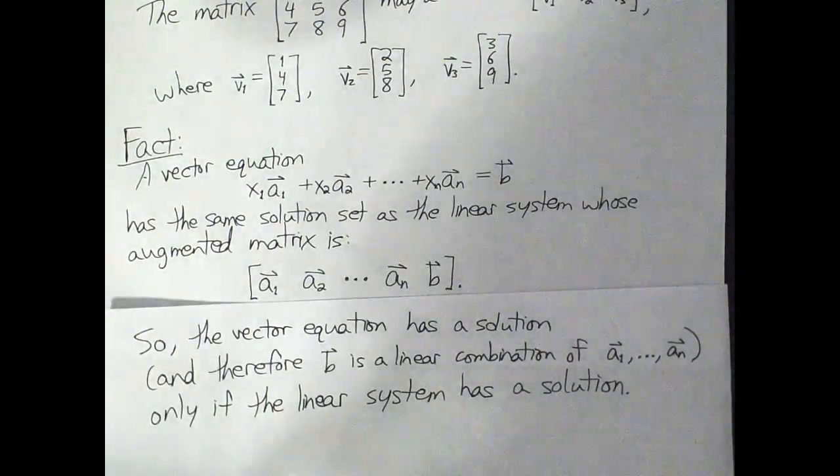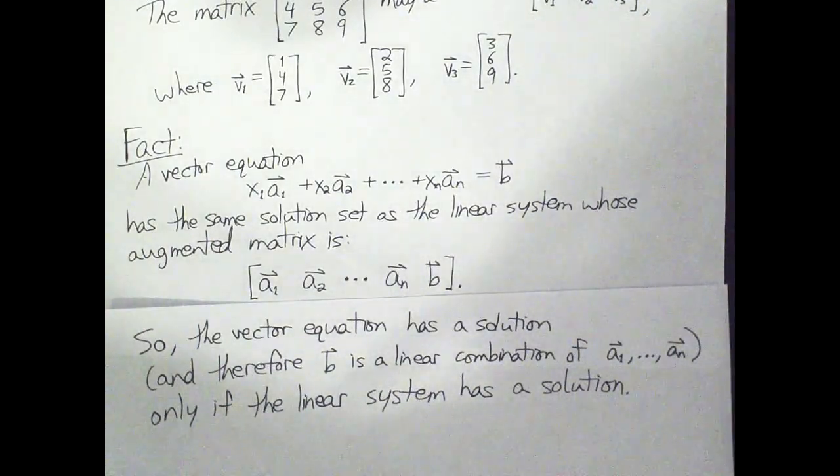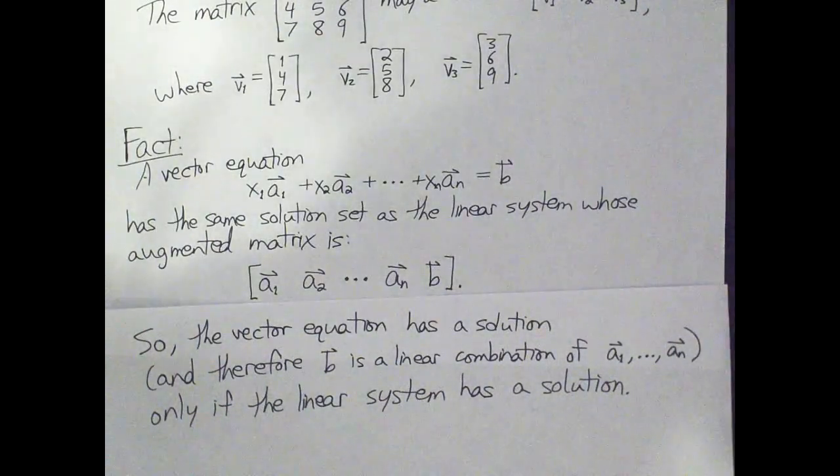Let's think about this for a minute before we just move on to the next thing. So in this fact, it seems to be saying that there is a relationship between whether or not something is a linear combination of something else and whether or not a certain system has a solution.